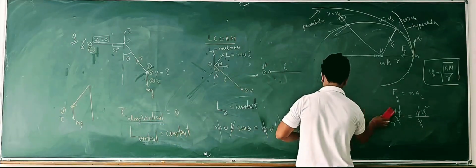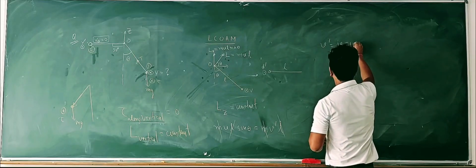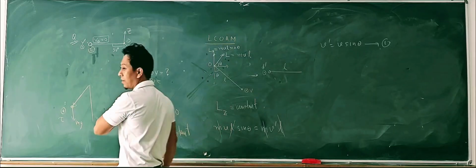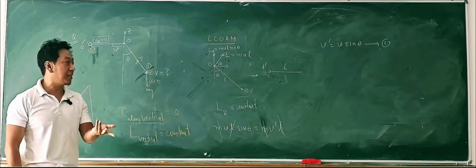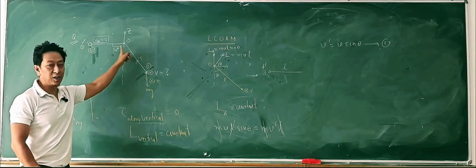What will be your V dash? V sin theta. Our aim was to find what? V. Theta was given. V dash is also there. So now one more equation we need, that will easily come from conservation of mechanical energy, because tension will not do work, I told.